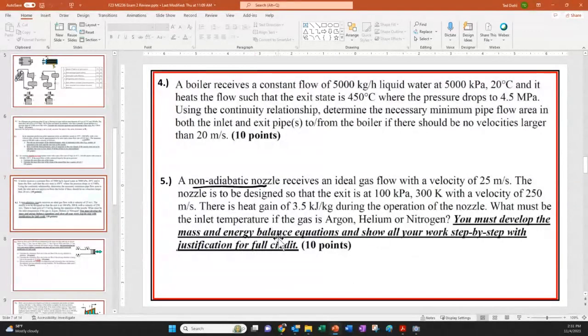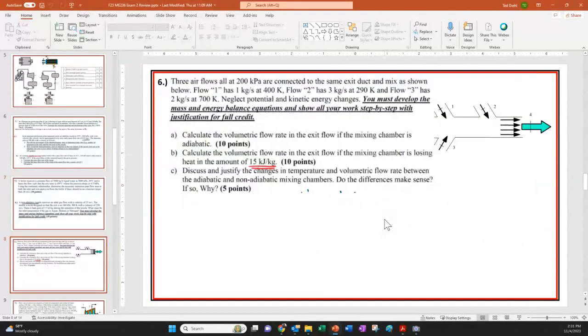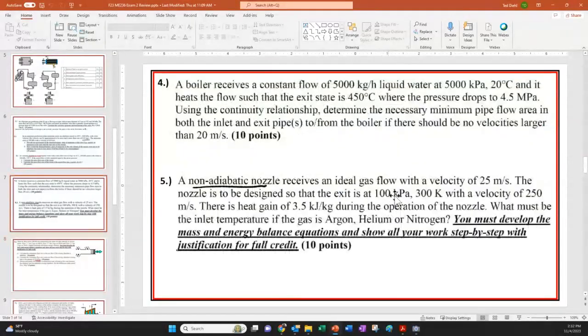So let's see. One where you notice we had argon, helium, and nitrogen coming into the thing. We don't need okay. This boiler one was actually a trick one because it was a mass flow problem.